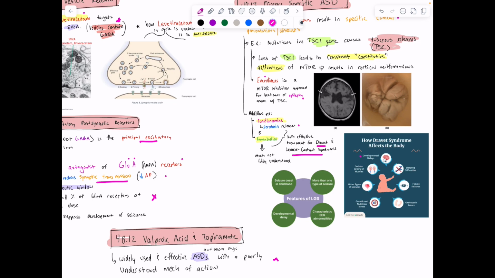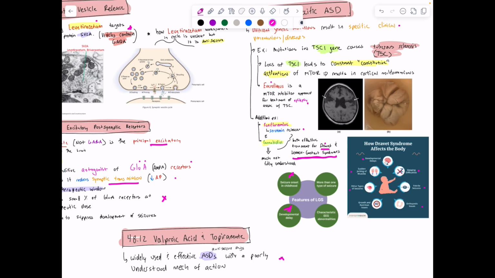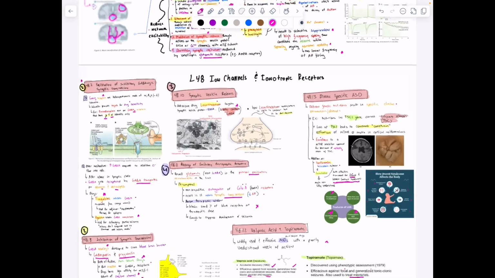Lennox-Gastaut: developmental delays, jerking of muscle, other seizures, difficulty sleeping, febrile seizures, orthopedic issues, decreased growth and nutrition. So fenfluramide releases serotonin, and then cannabidiol helps with Dravet and then Lennox-Gastaut disease, but seizures in childhood, developmental delay, abnormal EEG characteristics.